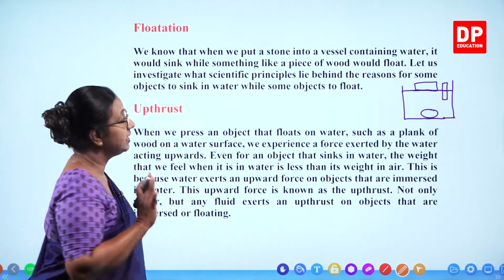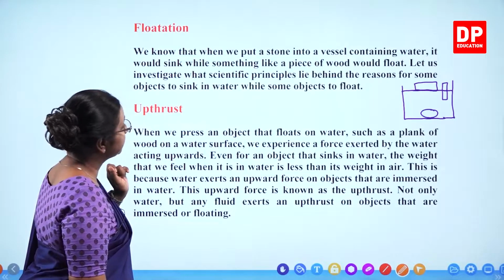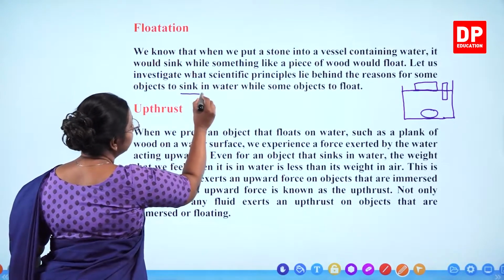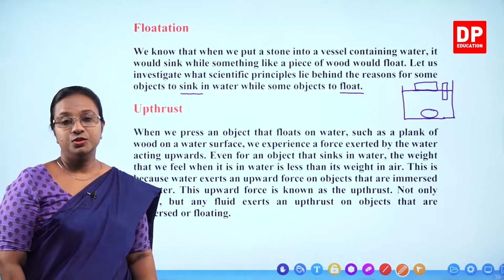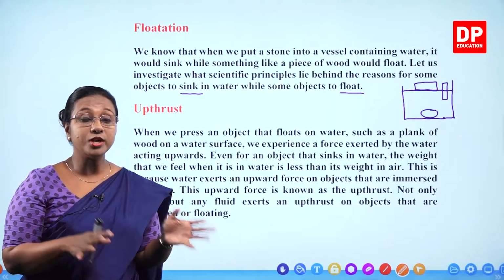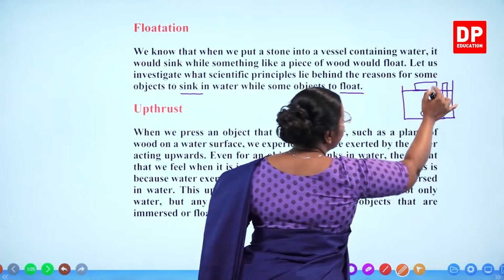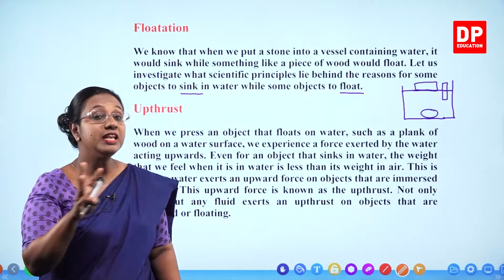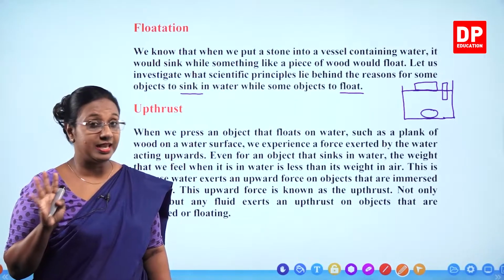Let us investigate what scientific principles lie behind the reason for some objects to sink in water while some objects float in water. Why some of them float, why some of them sink, and why some are partially immersed while floating. So 3 different instances are shown in the diagram.